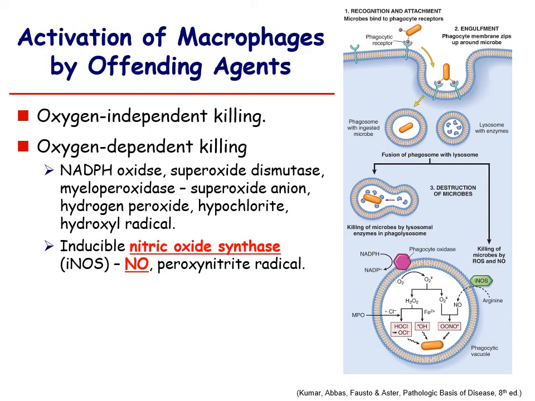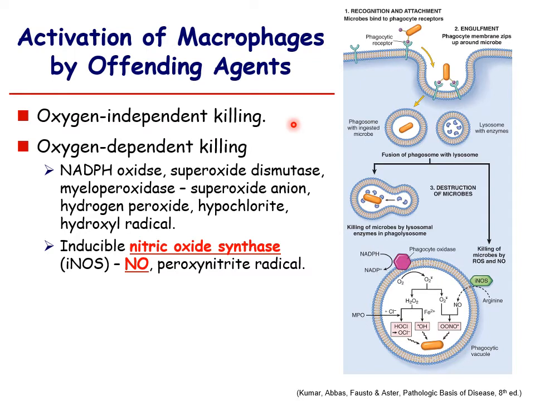So here is a quick review of what is going on in tissue macrophages when there is an offending agent. The offending agents are recognized by pattern recognition receptors expressed by macrophages and taken inside the cell in the phagosome, which then fuses together with the lysosome. So at this point, creating the phagolysosome leads to oxygen-independent killing mediated by lysosomal enzymes.